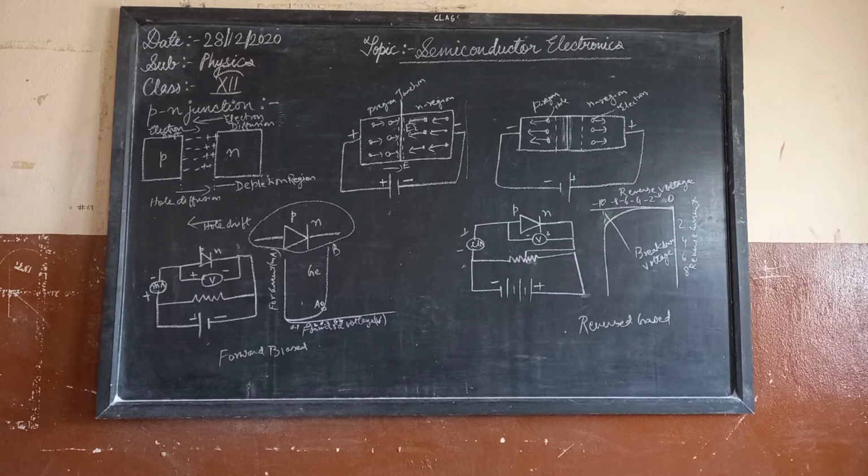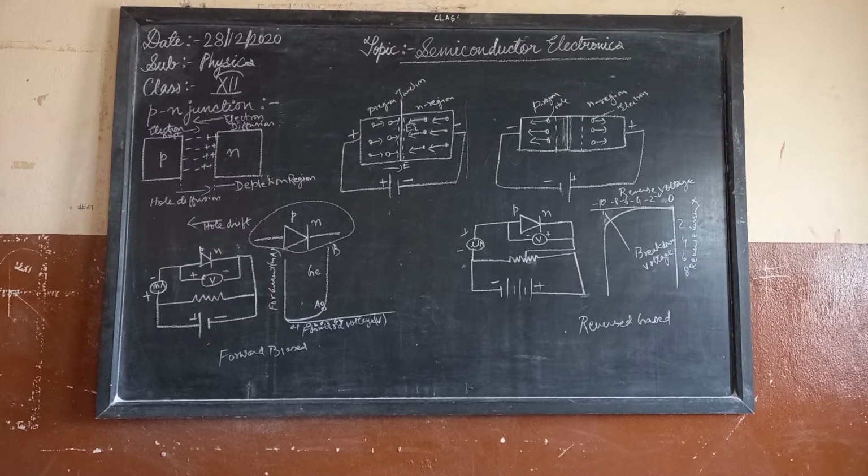The electrons are more in N-type semiconductors, you know it very well. P-type semiconductors have a concentration of holes more than that of electrons. During the formation of the p-n junction, due to the concentration gradient across the p and n sides, holes diffuse from the p side to the n side and electrons diffuse from the n side to the p side.